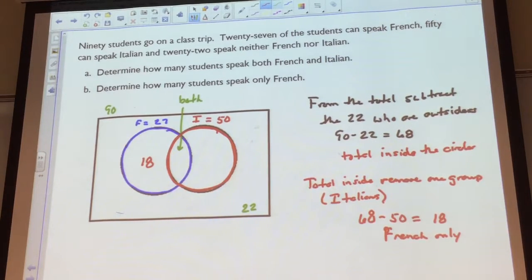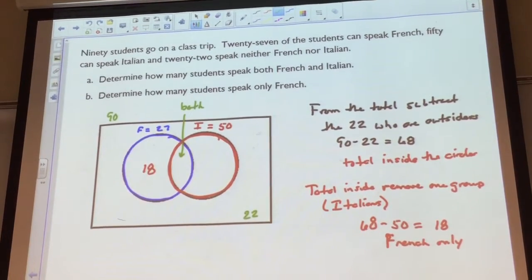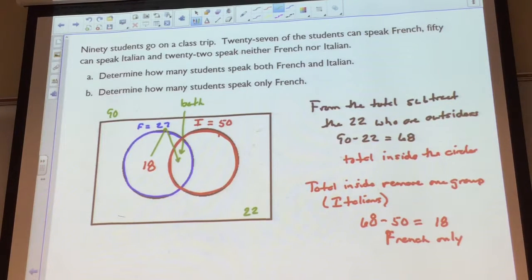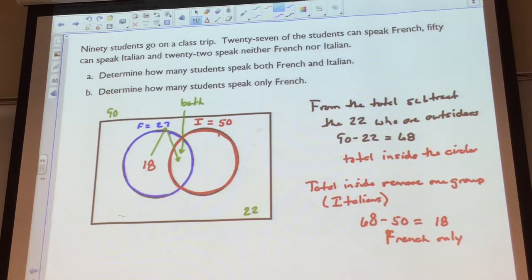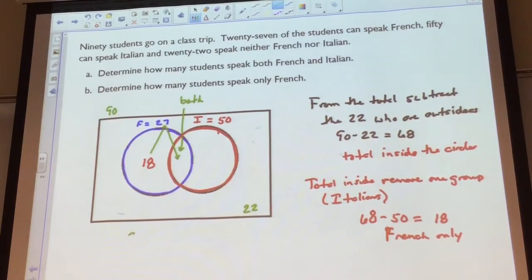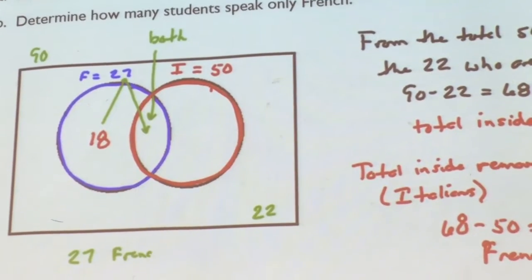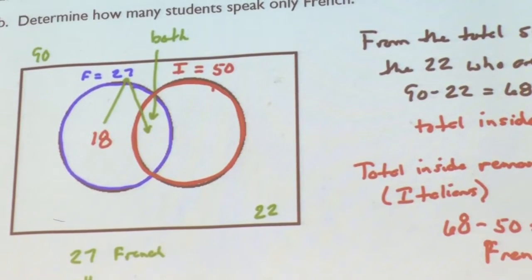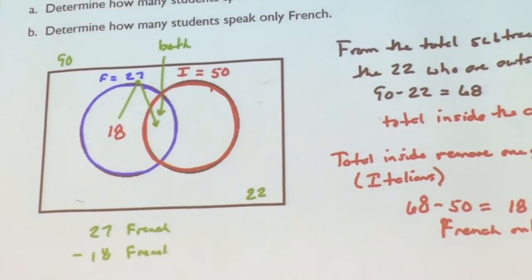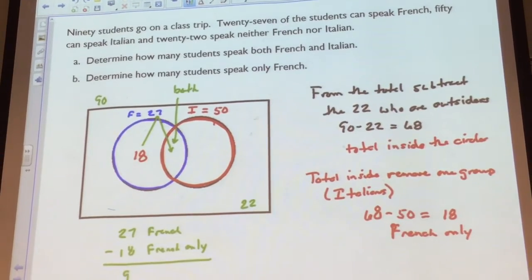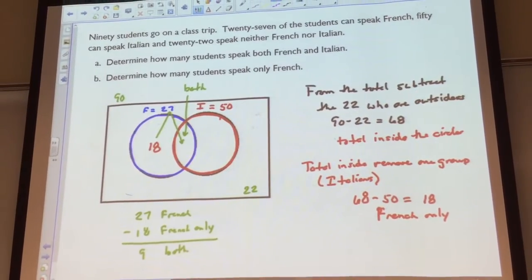Of those 27 people that were in the French circle, you knew where 18 of them are, so don't we know what's left over? So we again can do a subtraction problem there. So to take this 27 people that are the French speakers and to take away the 18 that are French only leaves us 9 that speak both languages.